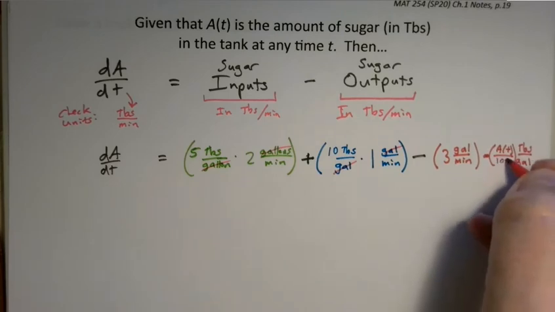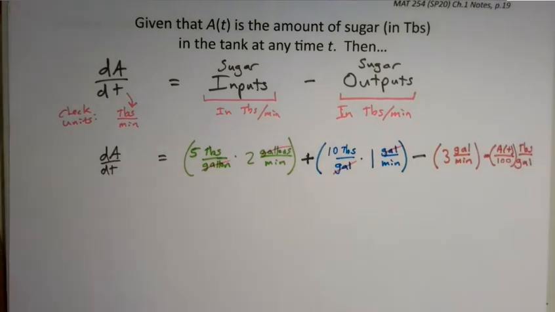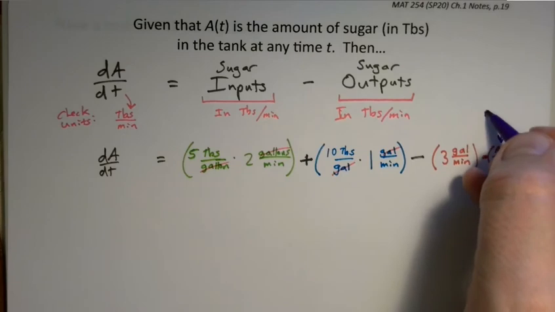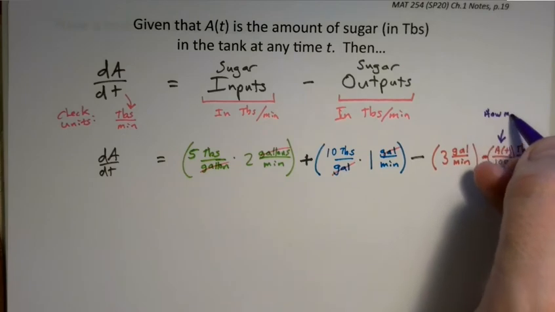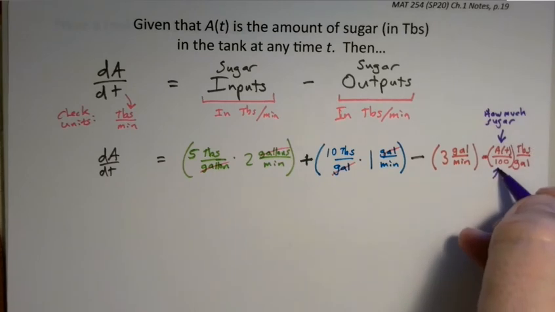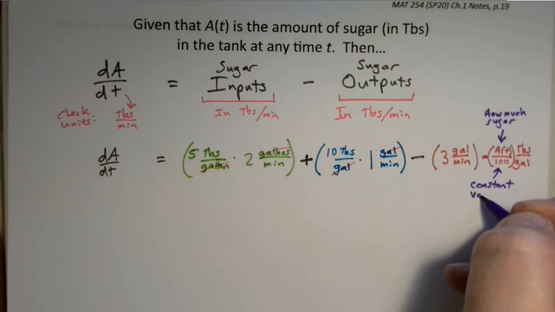Well, it's 100. And this is important. This little blurb right here at the end. This is the amount of sugar, and this is a constant volume.